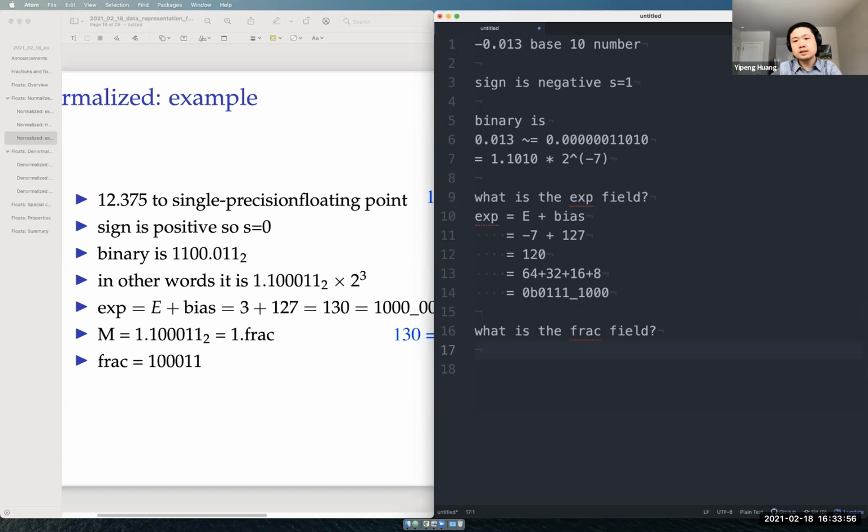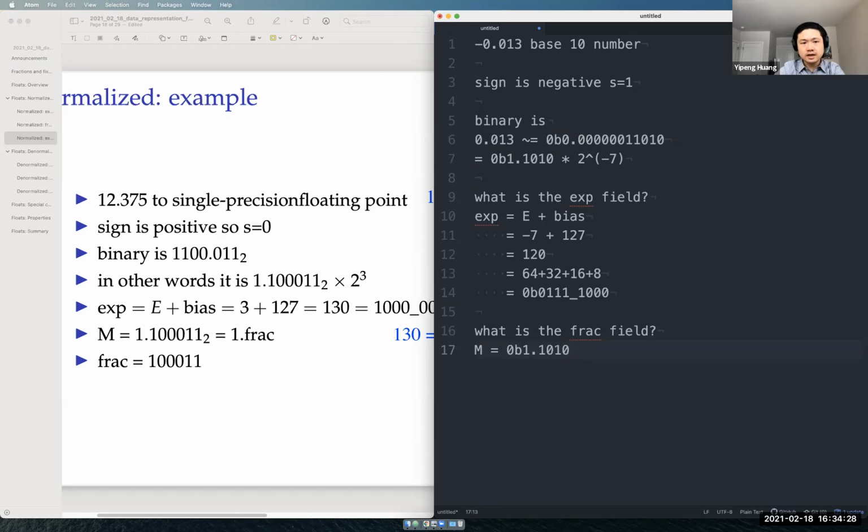And what we need to do next, now that we've taken care of the EXP field, is take care of the frac field. To calculate the frac field, we look at the mantissa. Now, the mantissa for this number is this binary string here. I'll make this a 0b just to emphasize this is a binary.